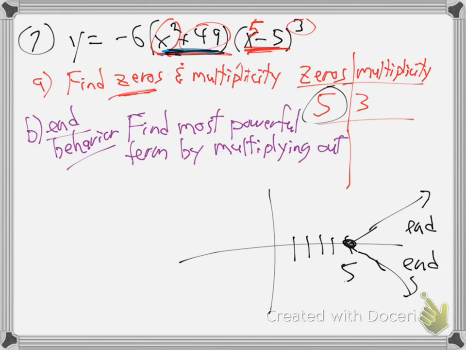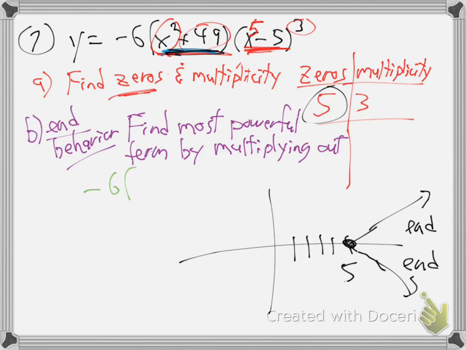So it's kind of like what we did a minute ago, where we imagine multiplying it out, but I just cherry pick the most powerful term in every piece. You know what I mean? Because I don't care about the whole answer to the multiply. I don't have time to do the whole FOIL thing, but I just want the most powerful term.